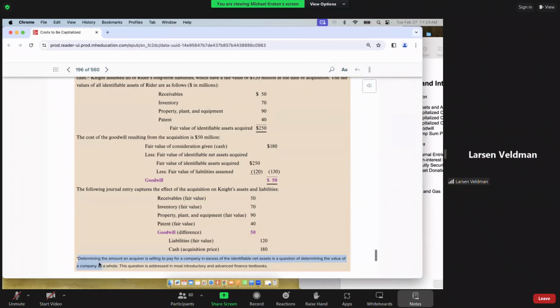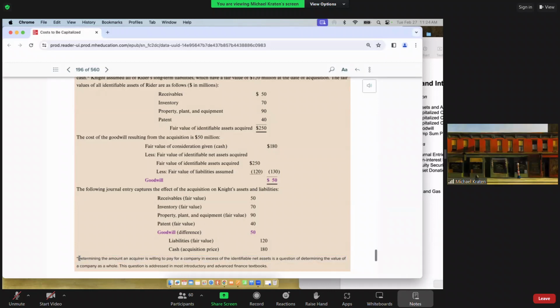Was that helpful? Yes, I see how we got to the 50 from the 180 and the 130. Yeah, and that little footnote at the bottom is a way of backing into a single formula. A lot of authors do that because people taking accounting think everything must be reducible to a formula that you can plug into an Excel spreadsheet.